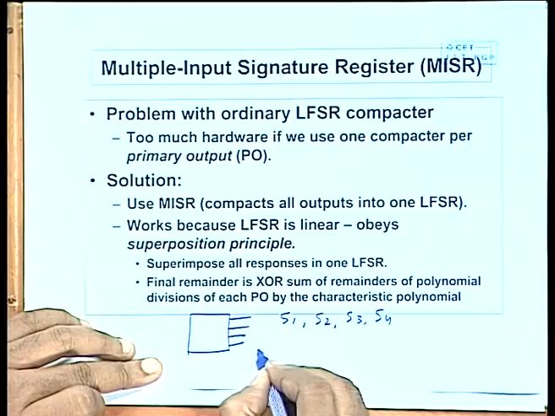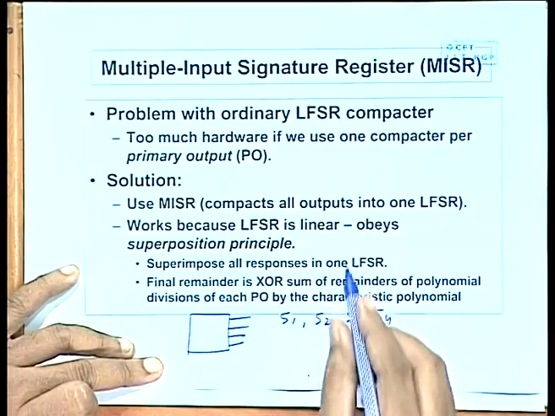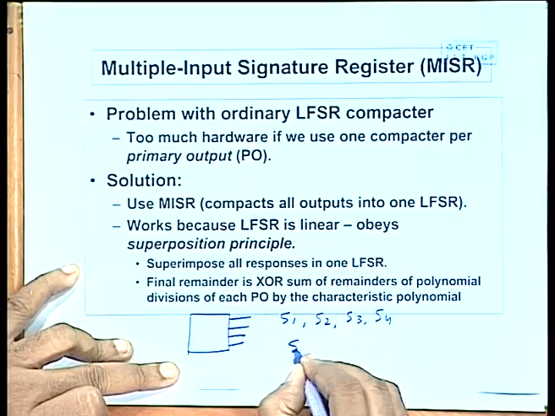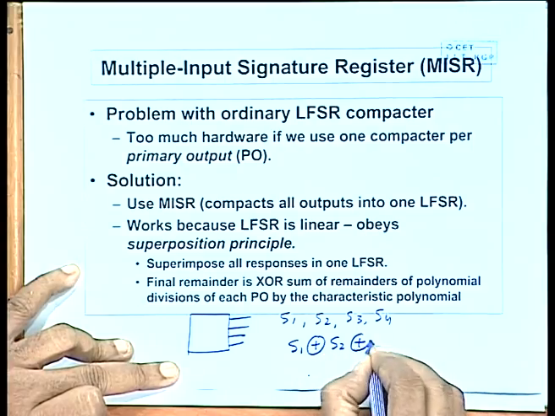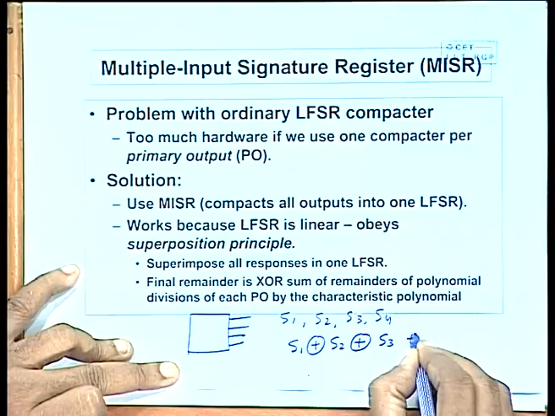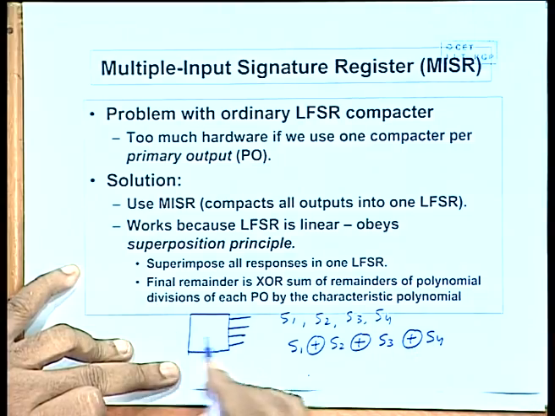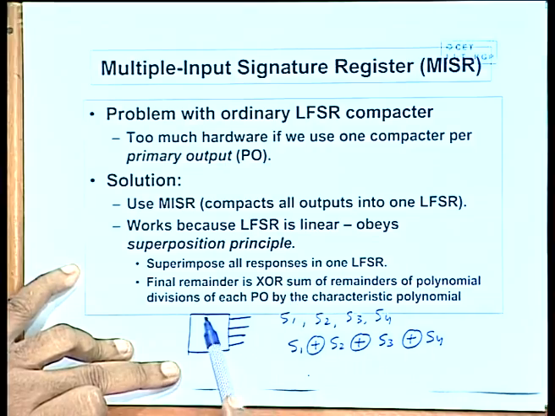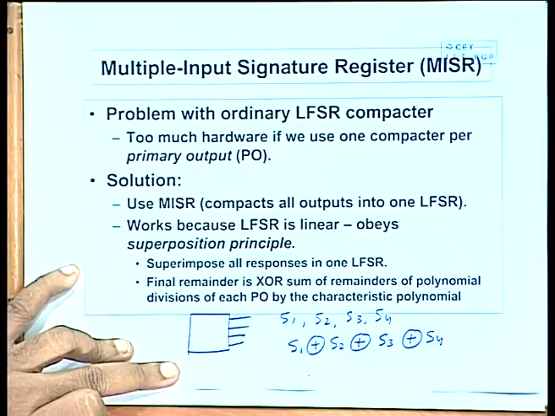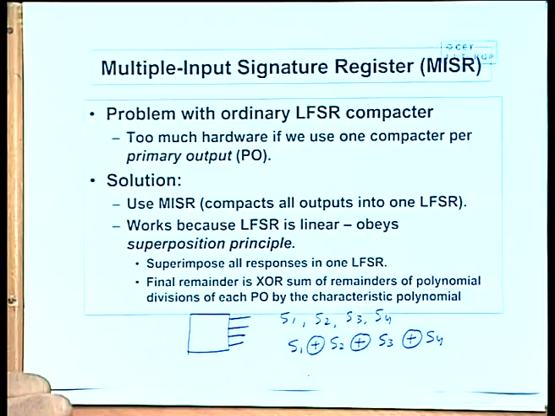Now, if you compress all of them together using a MISR, the signature you will be getting is actually the XOR sum of S1, S2, S3 and S4. So, the final remainder will be the XOR sum of the individual signatures corresponding to each of the outputs. This is also quite acceptable in terms of testing.